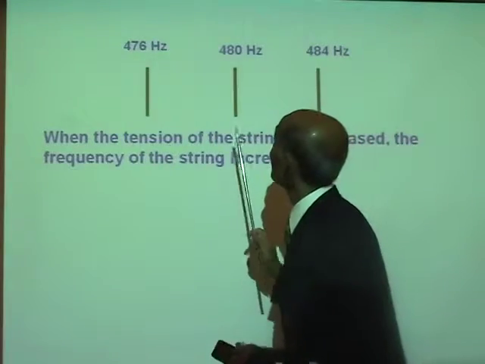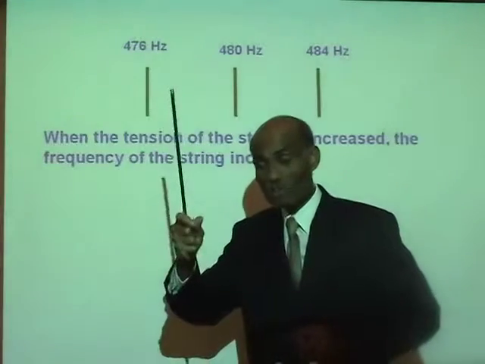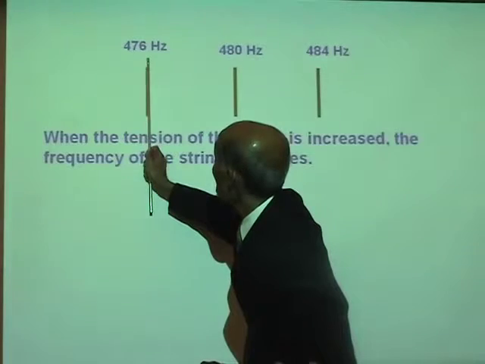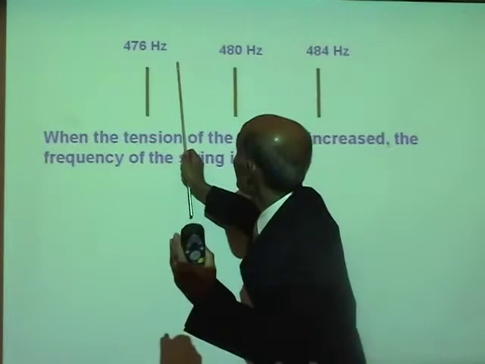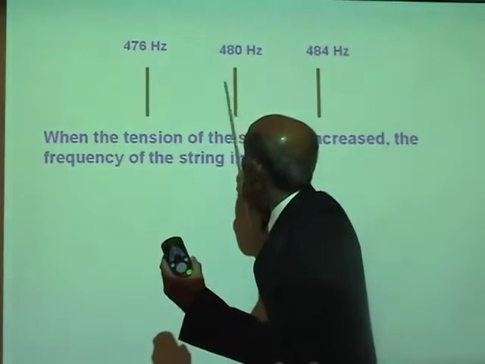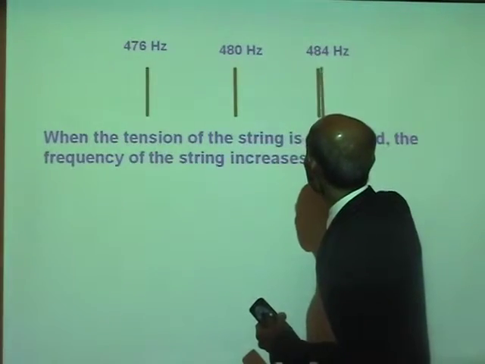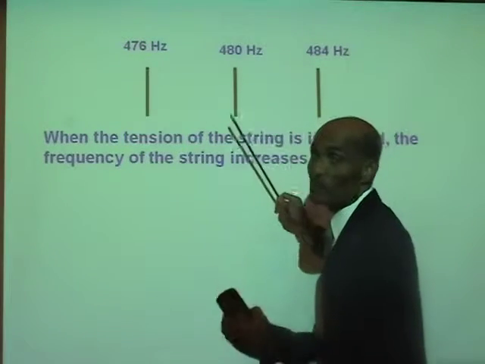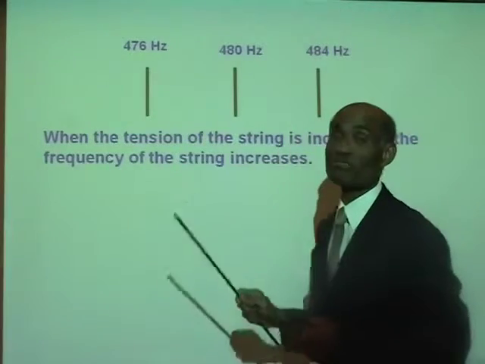That means if it is 476, when the tension is increased, the frequency increases and the beat frequency must decrease. On the other hand, if it is 484, then an increase in the tension should result in an increase in the beat frequency.